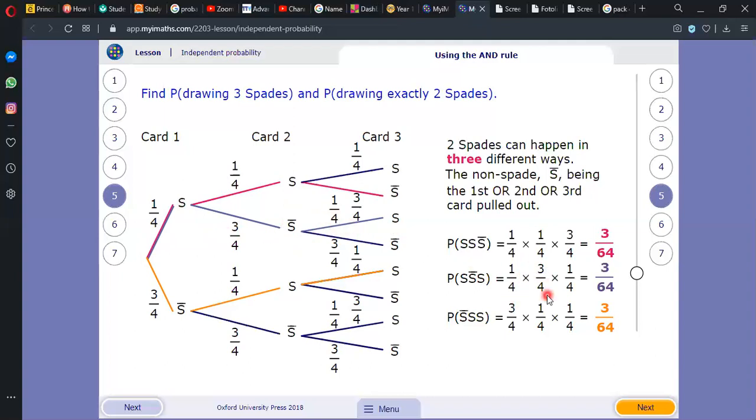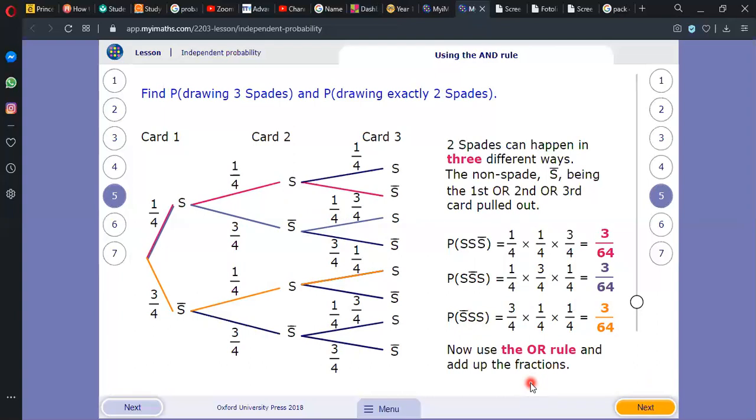So 1/4 times 3/4 times 1/4. Last one, not spade, spade, spade. So you come down here for the yellow, not spade, 3/4, times spade in card 2, 1/4, and then spade again in card 3, which is 1/4. So you have that here giving 3/64.